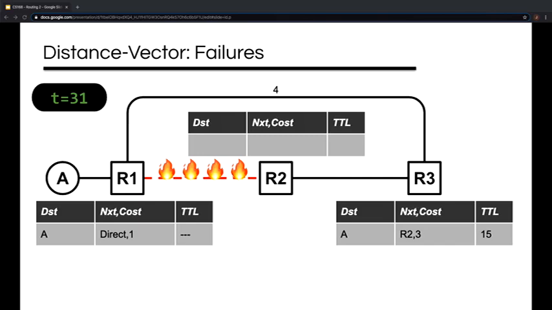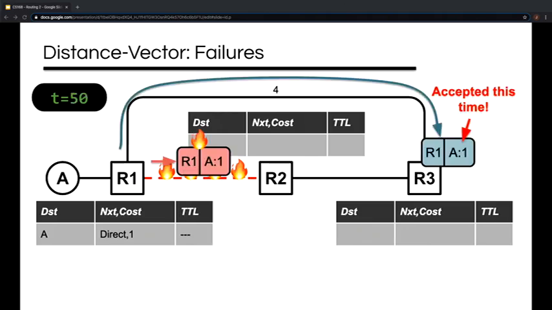So 15 seconds later, what happens? Yeah, the time to live right now is 15 seconds in R3. So 15 seconds later, it's not getting any more updates from R2, so that one gets cleaned out.